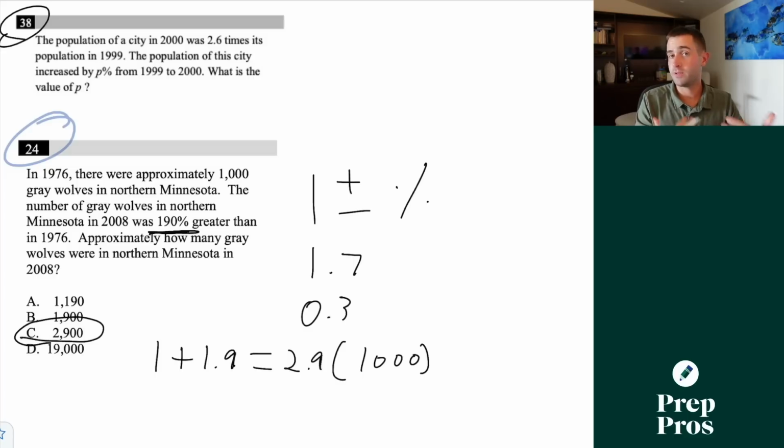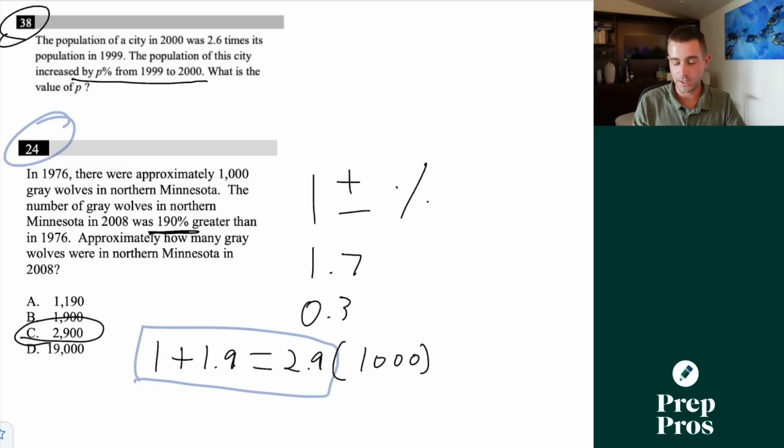So as we come up to a very hard version of this, the population of a city in 2000 was 2.6 times the population in 1999. The population increased by p% from 1999 to 2000. Well, we're essentially just reversing the process that we did here.